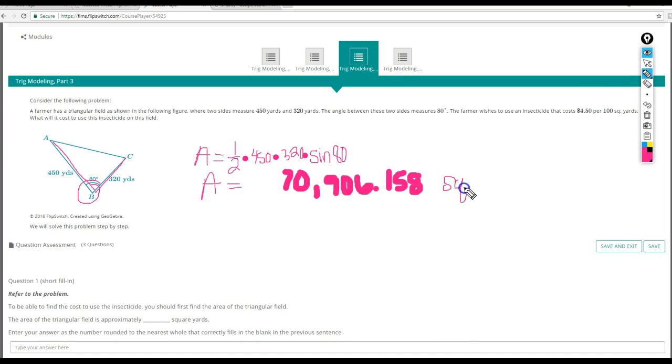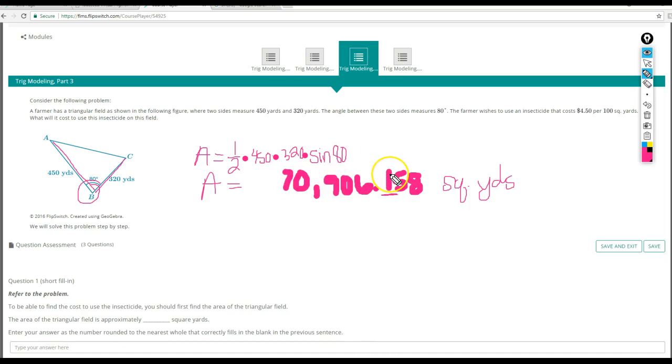So, enter your answer as the number rounded to the nearest whole that correctly fills in the blank. So we need to round to the nearest whole number. That means I'm going to look at my tenths position. So 70,906.1.